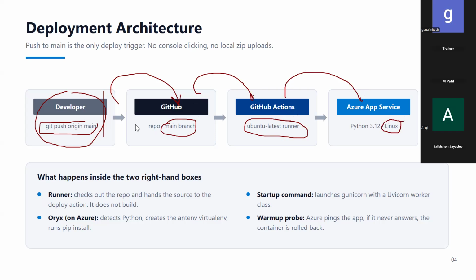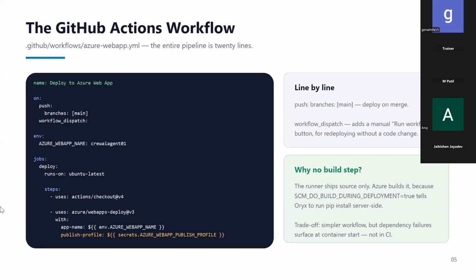Now come to a few of the commands. How are you going to deploy it? I have shown you this folder, .github/workflows/azure-web-app.yaml. Once I push my application from local to GitHub on the main branch, the jobs will start executing, the deploy job, then the steps, and it will finally deploy my application.